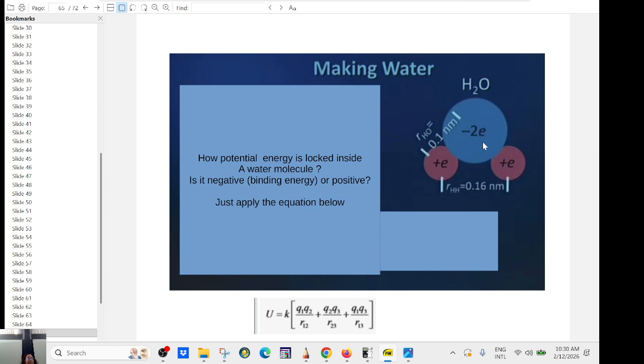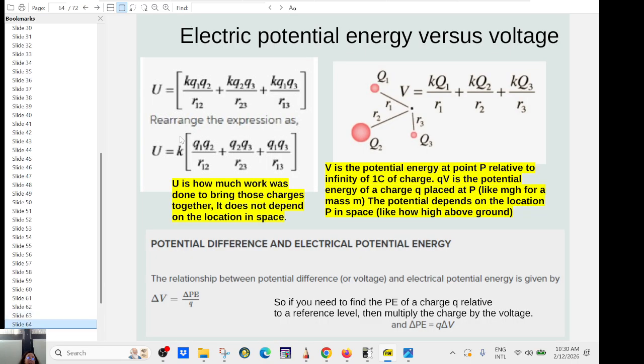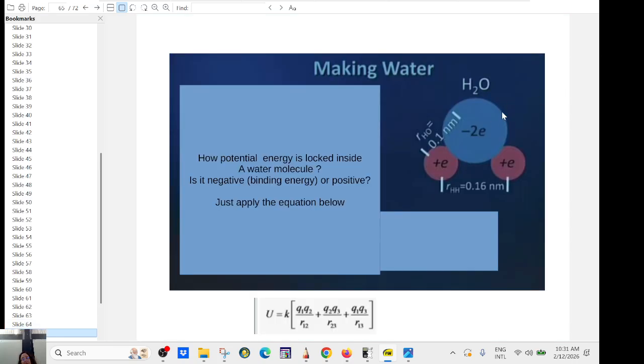It's not the same equation. This is the electrostatic energy of a configuration. This is the potential at one point. We are not using the same equation. So let's apply these equations here. Just plug it in. That will be the potential energy of a water molecule.